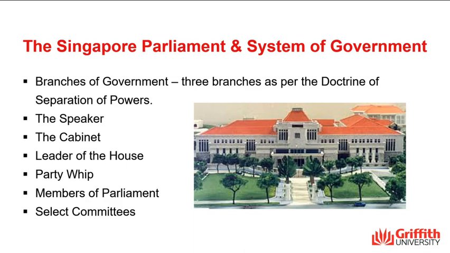The Singapore parliamentary system and system of government consists of branches. The government in Singapore is modelled after the Westminster system, as we've said. We've also said that it's a unicameral parliament, so there is no upper house, there is just the parliament itself.